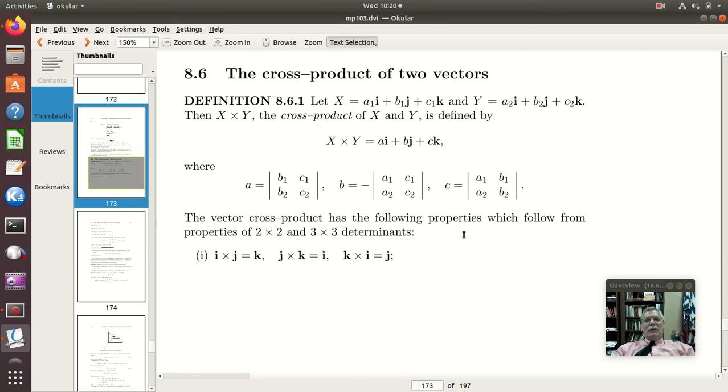Okay, and so that is to me the motivation for coming up with this cross product of two vectors. There are other motivations as well, but I kind of like this one of just finding that vector that is orthogonal to the other two. All right, so we'll call that one done.